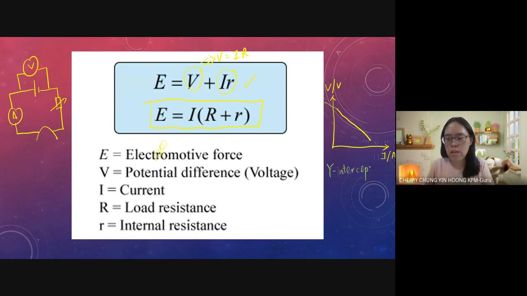Any idea? 你觉得会是什么? 我给你个 hints, 如果说你的 y-intercept 的话, which means that 你的 I 是 equals to 0, so 你的 y-intercept 0 ampere, 所以你的 y-intercept 应该是 equals to what?